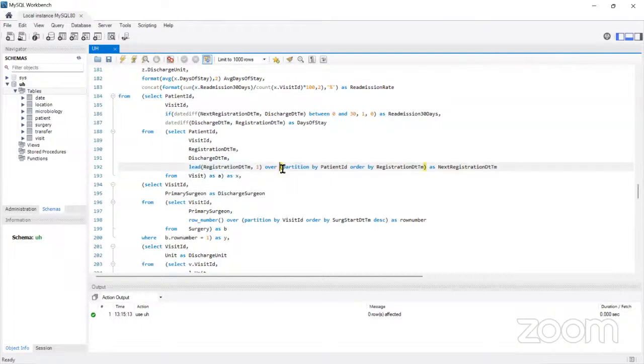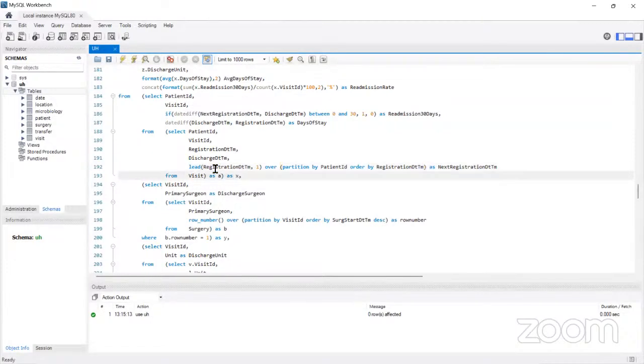So the window is, remember, one patient can visit the hospital multiple times, right? So you can order, for this particular patient ID, so this is a partition. So every patient is a group, right? And then within this, for this patient, you can order the visit by registration date time.